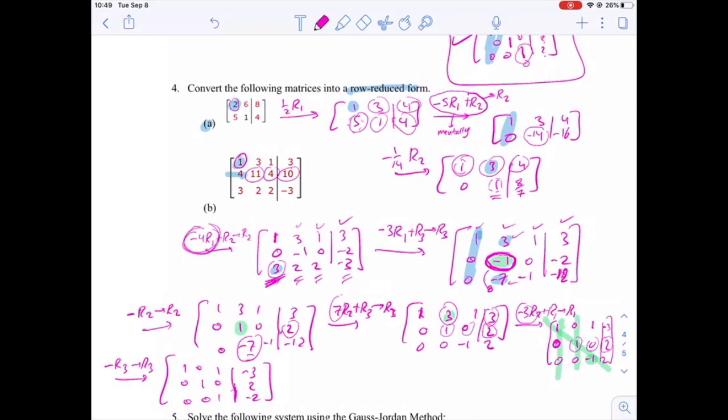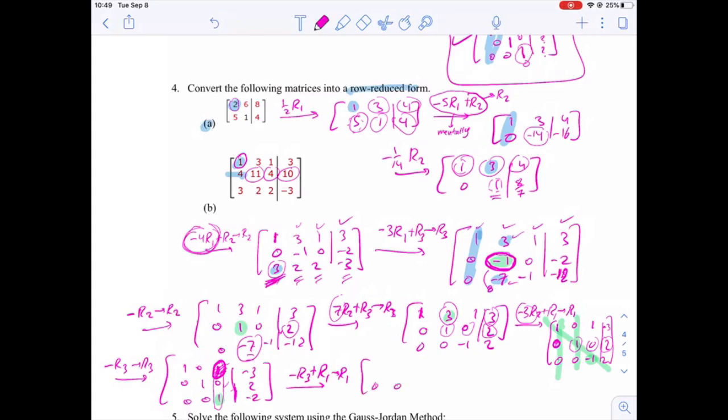Now we want to make everything else in that column equal to 0. We have 0 here, that's good, but we want to make this number here 0. So how can we do that? We focus on the leading pivot element, and we multiply it by -1 and add it to that one. That will make this equal to 0. Good. So -R3 plus R1 and replace that with row 1.